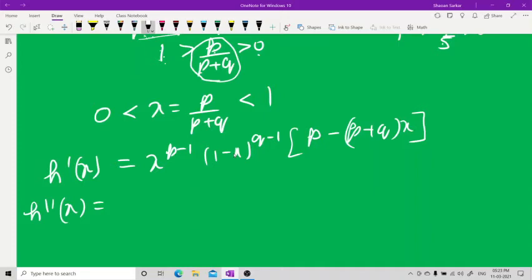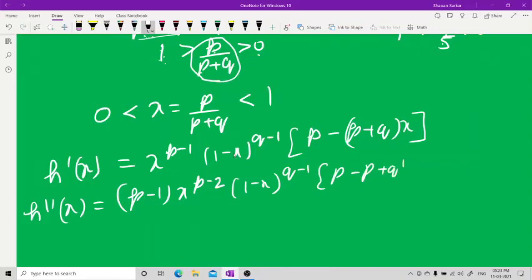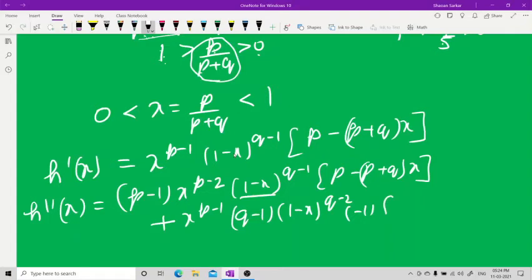Just do this: p minus 1, x to the power of p minus 2, then you have 1 minus x to the power of q minus 1, then p minus (p plus q)x, then you have to do this one by x to the power of p minus 1, q minus 1. x to the power of this is 1 minus x to the power of q minus 2, and then there is a minus 1 because of chain rule, and then you have p minus (p plus q)x.